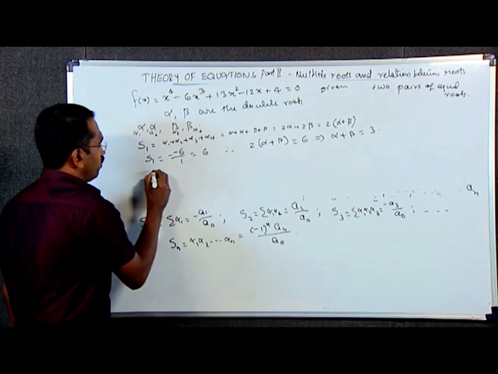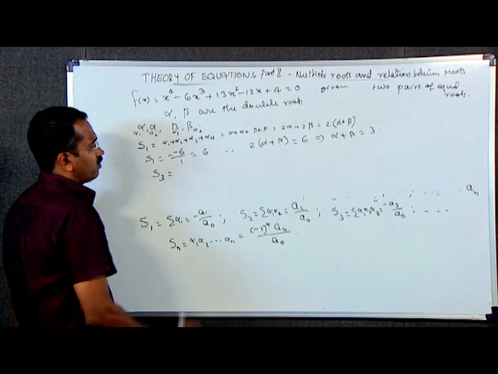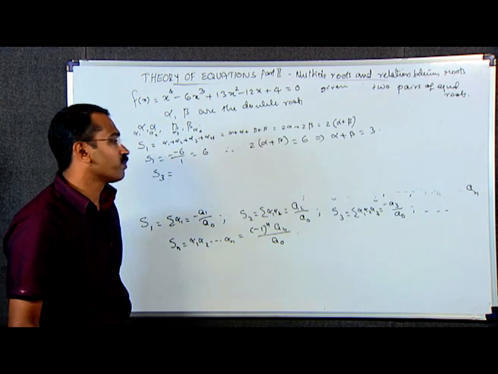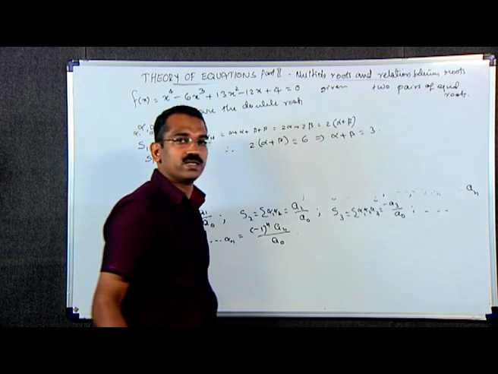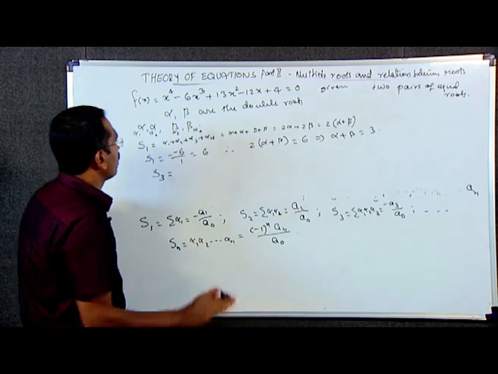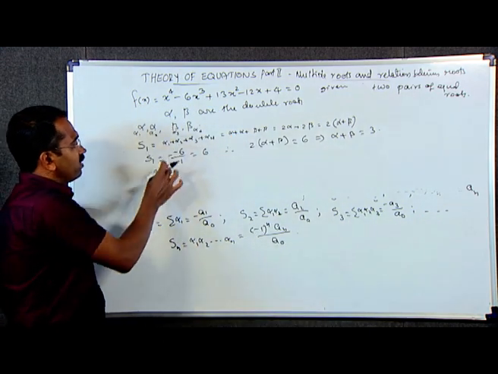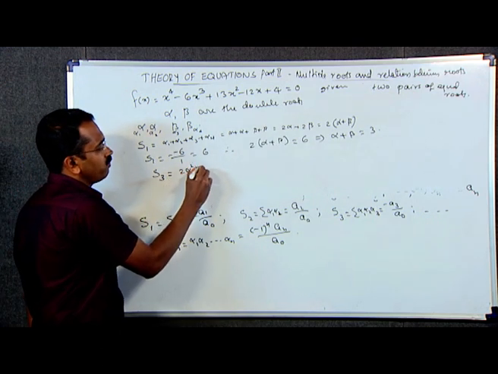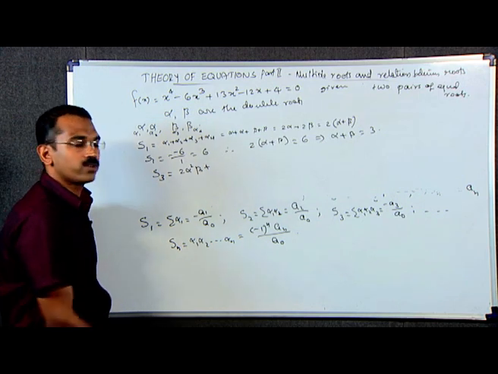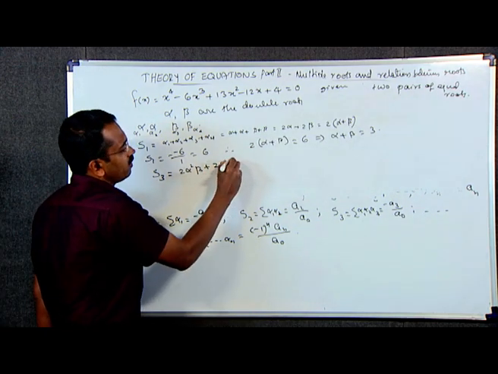S3 equal to the sum of product of 3 taken at a time. From this, we can write S3 as 2 times alpha square beta plus 2 times alpha beta square.